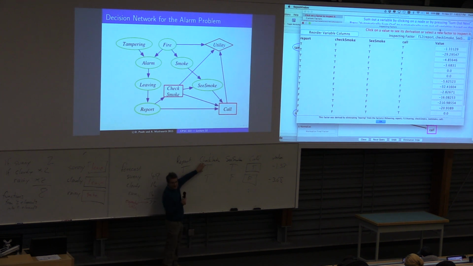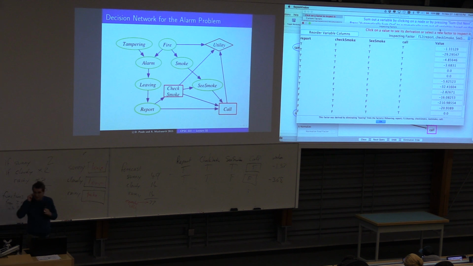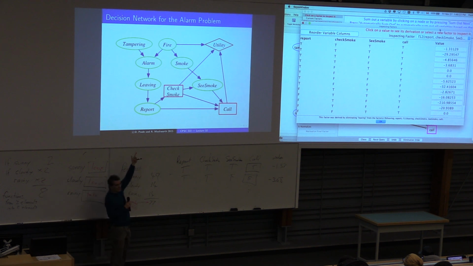But I can't optimize this table because, in fact, if you're allowed to choose different things, check smoke is always going to be false across the different values of see smoke. If you can see the smoke, there's no point in checking for smoke, because it costs something to check.